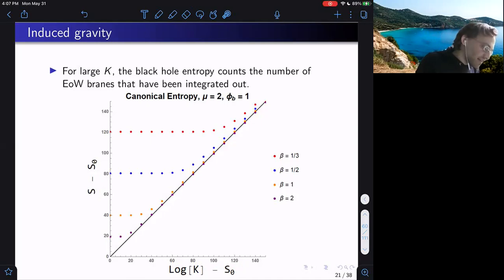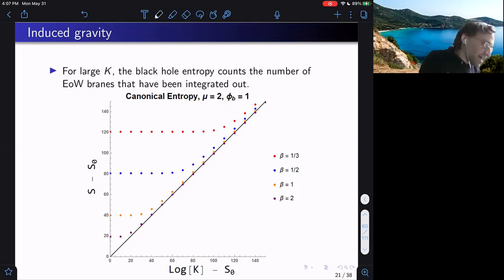On the x-axis here, it's just the number of the world branes, and on the y-axis is the entropy. And so the idea is that as I increase k from 0, eventually there will come some point where k saturates the entropy, and beyond that point, the entropy of the black hole will simply increase to take into account the number of species of branes that have been integrated out.